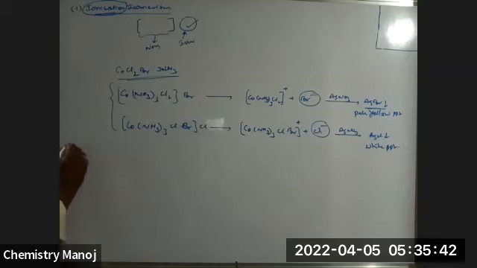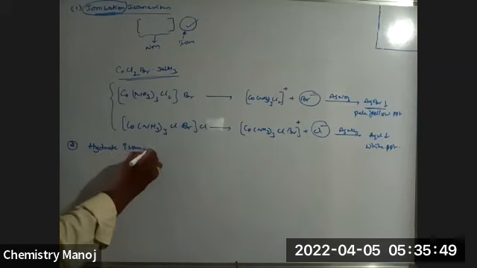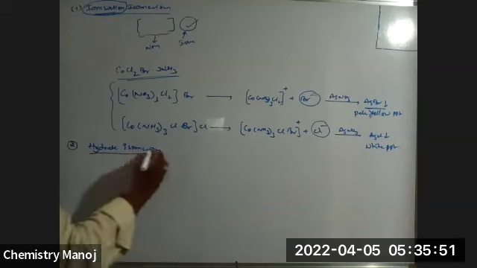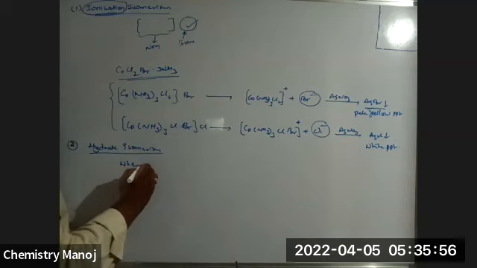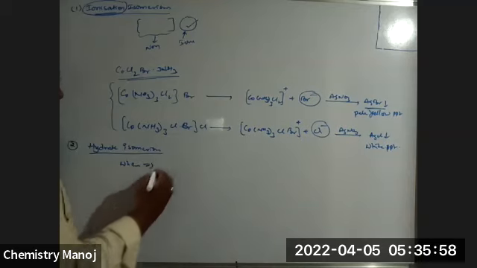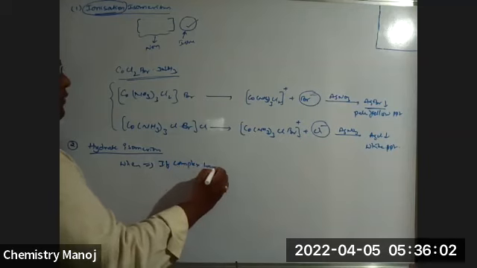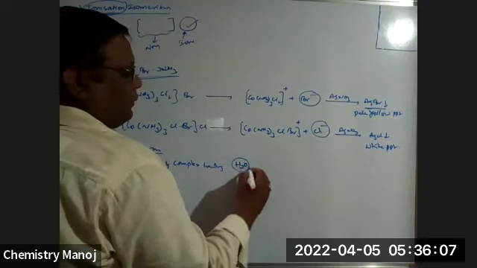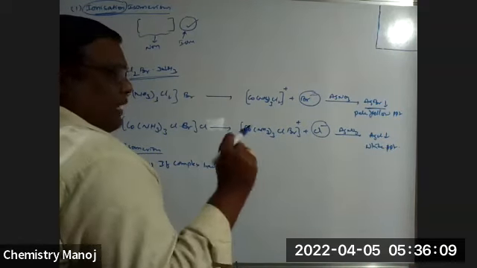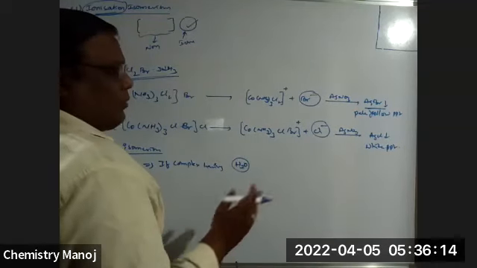Next and most important one, hydrate isomerism. See here, when is it possible? It is possible if the complex has water molecules as ligands, outside the box or inside the box.